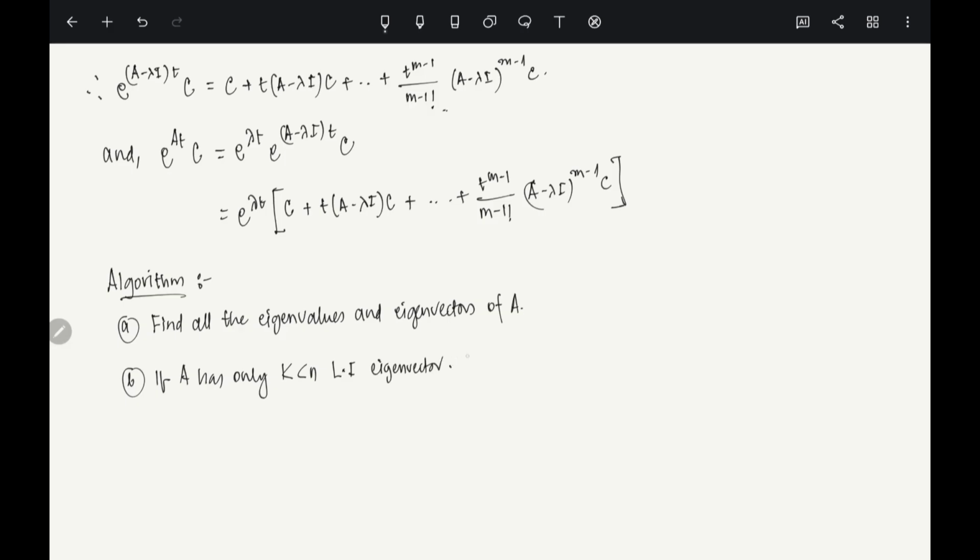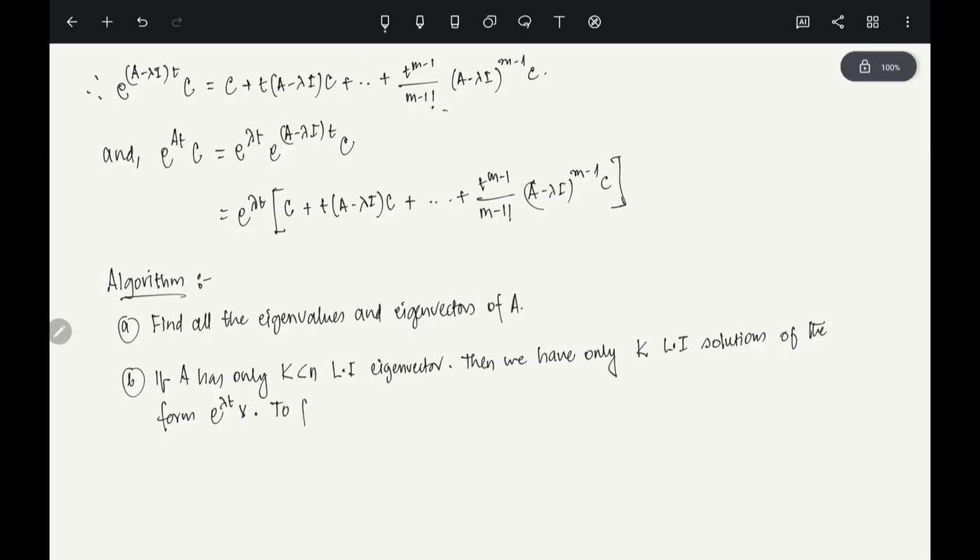Then we have only k linearly independent solutions, right? Solutions of the form e power lambda t times some vector v, which is just the corresponding eigenvector. Now how do you find the additional solutions?